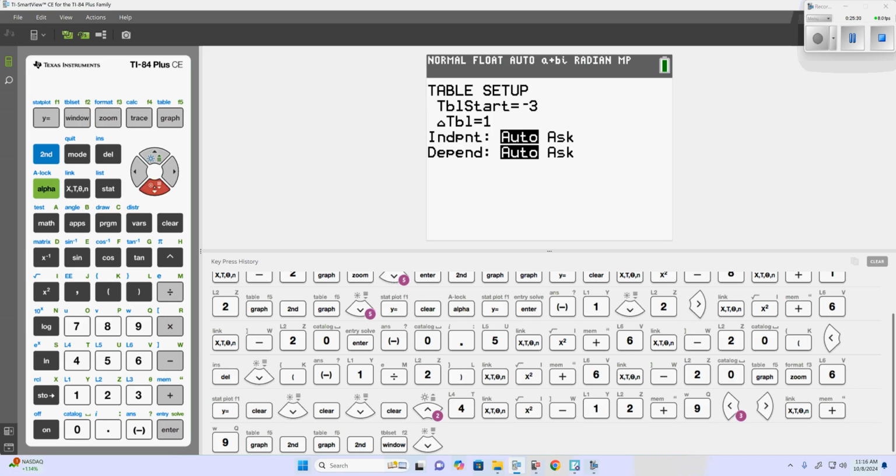The table set, as it goes in the x's, is going to increase or decrease by 1. I'm going to tell it to increase by a half from one to the next. So instead of going from 0 to 1 to 2 to 3 to 4, it's going to go 0 to 1/2 to 1 to 1.5 to 2. It's going to go by halves.